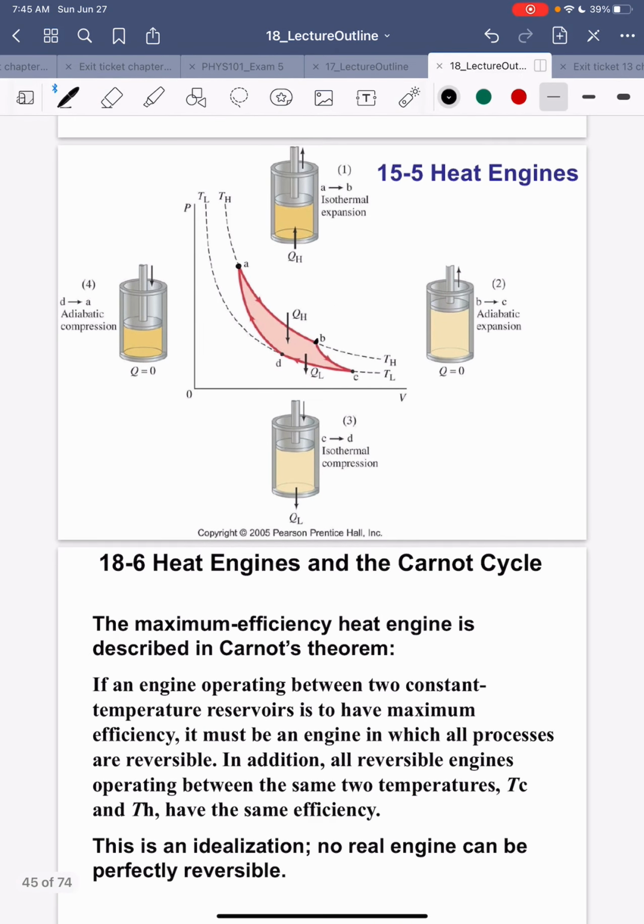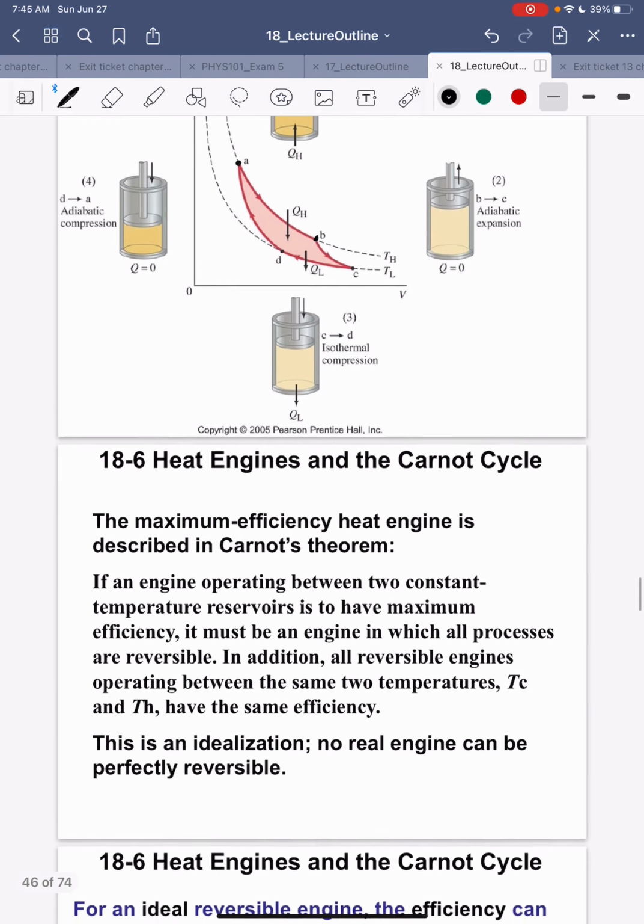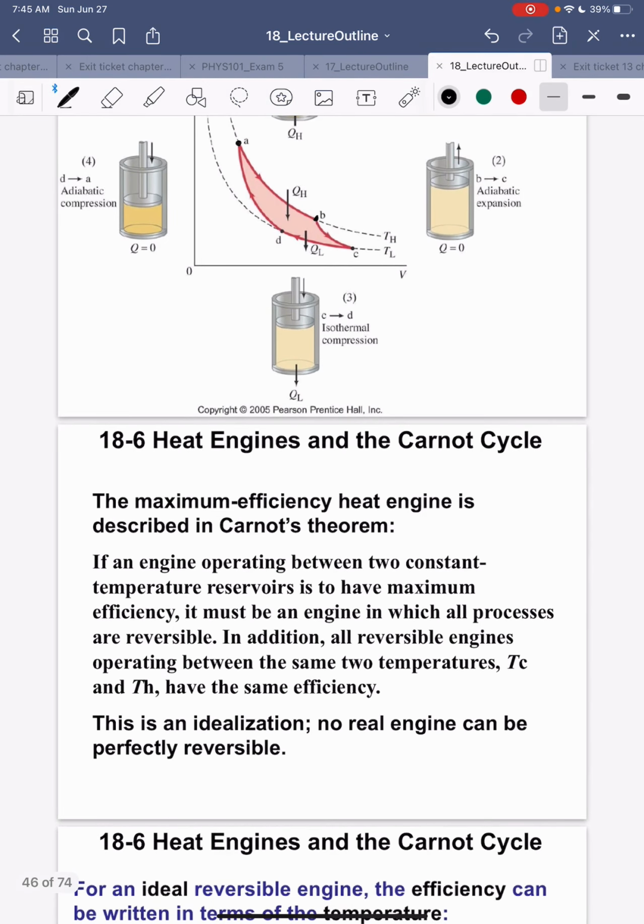The maximum efficiency heat engine is described in Carnot's theorem. If an engine is operating between two constant temperature reservoirs, to have maximum efficiency it must be an engine in which all processes are reversible. In addition, all reversible engines operating between the same two temperatures have the same efficiency.